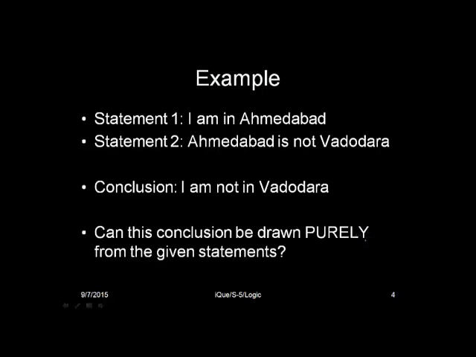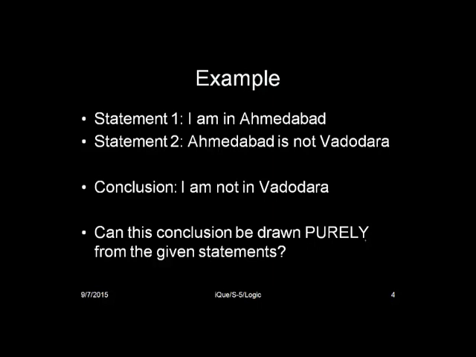Now, my question to you is, can this conclusion be drawn purely from the 2 given statements? If the only 2 facts that you need to take into account are that 1, I am in Ahmedabad, and 2, Ahmedabad is not Vadodara, then absent any other fact, can you always say that I am not in Vadodara?